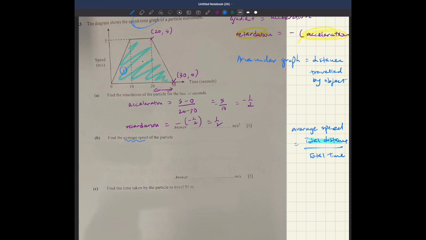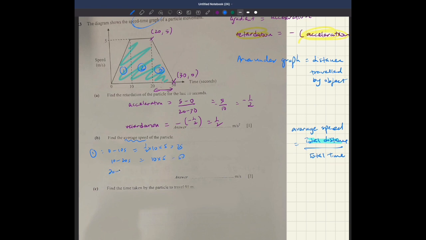So we'll divide this into 1, 2, and 3. So area under 1, that means it's 0 to 10 seconds. The distance traveled is half times 10 times 5 equals 25. Then 10 to 20 seconds, this is 10 times 5 equals 50.